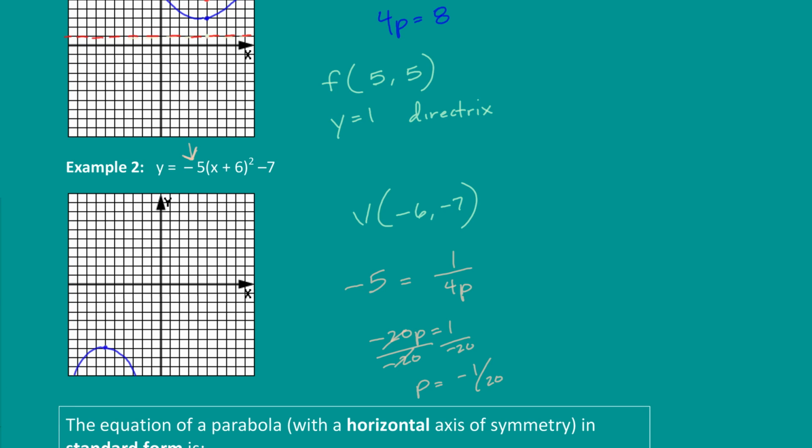Like that. And my focus is going to be down from here, -1/20. And the directrix is going to be up 1/20. So what is our focus going to be? Well, the x value is going to be the same.